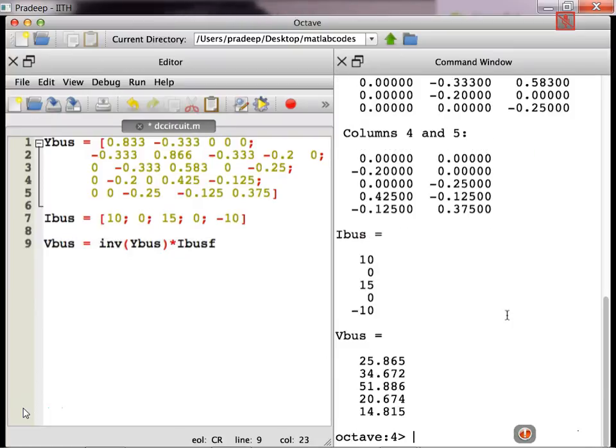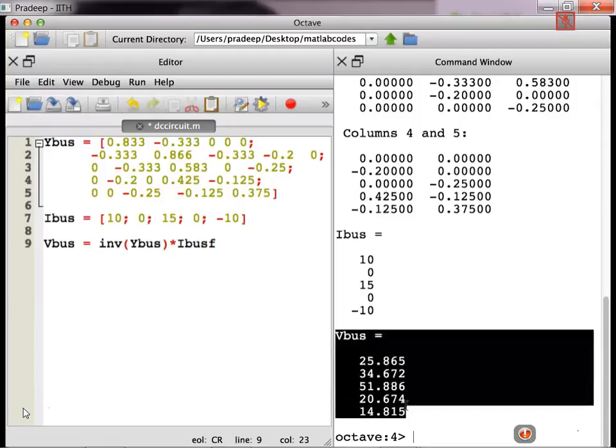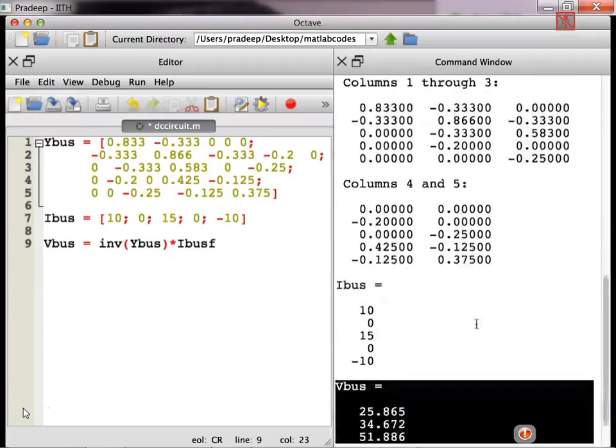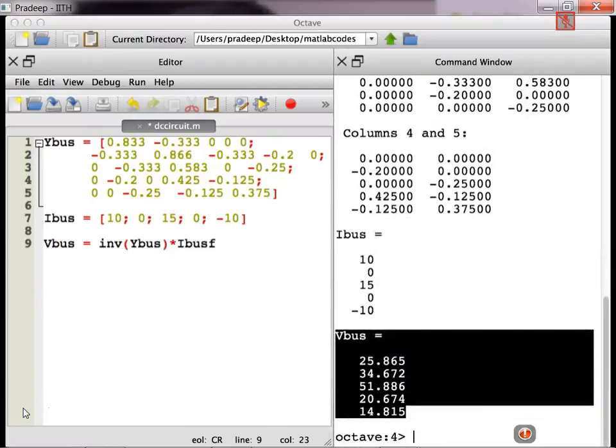On the screen, on the right side, you are finding the solution. So I'll just write like this, V bus equal to. At the top, I have the Y bus matrix, and then I have the V bus matrix.